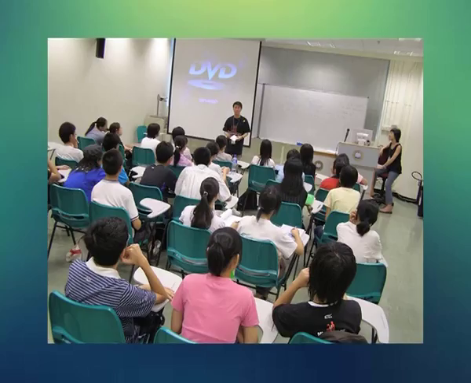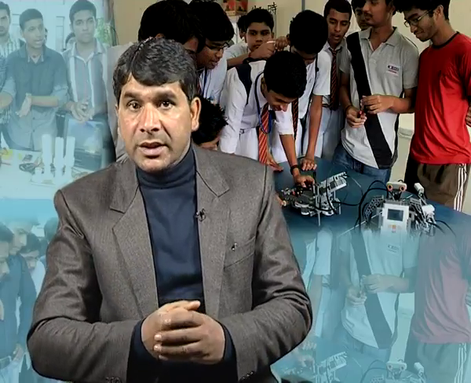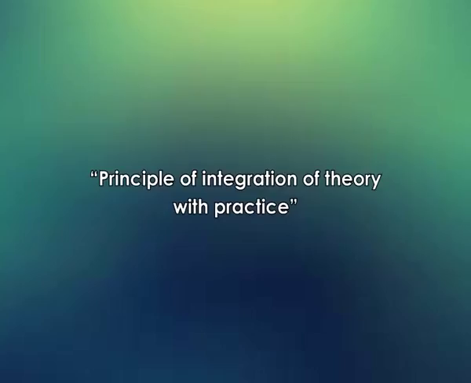Number 8, you need to give suitable verbal explanations for heightening the interest of the students. Number 9, you will have to encourage students to analyze, record and tabulate the results of their observation. And the 10th one, the teacher should always keep in mind the principle of integration of theory with practice.